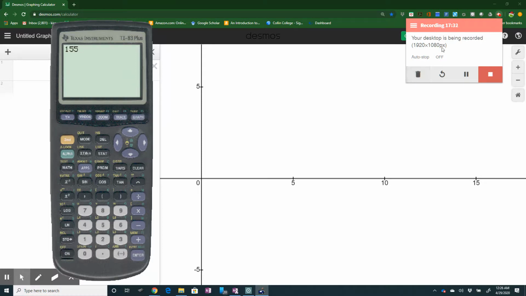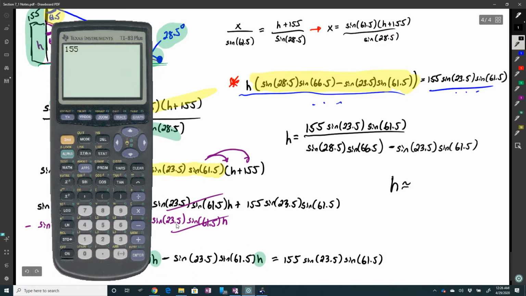Okay. 155. I can't multitask, guys. 155 sine of 23.5. Close it. I didn't close one of the signs, so that's why everything got off. Sine is 61.5. Okay. I'm going to put that in parentheses. If you want to go back and add something, you press second delete, and that's the insert button. So you can add something in.